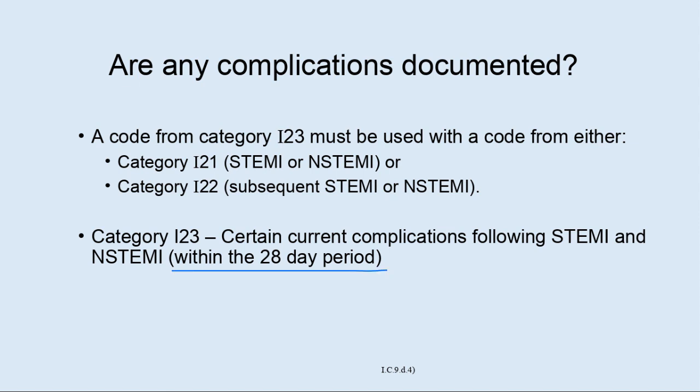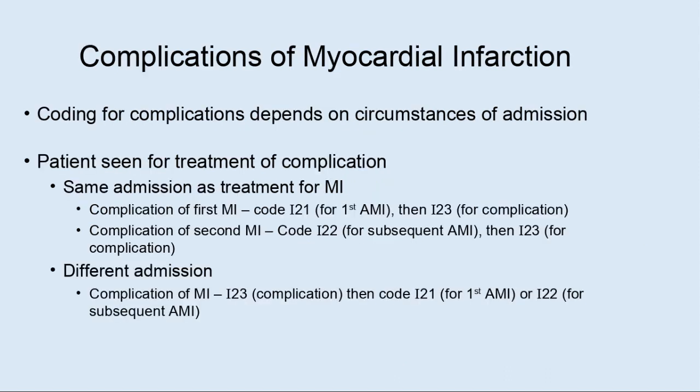So it's assumed 28 days. So coding for complications depends on the admission. What is the reason the patient is being seen? If they're seen for treatment of a complication, then it depends on, is it the same admission or a different admission as treatment for the myocardial infarction?